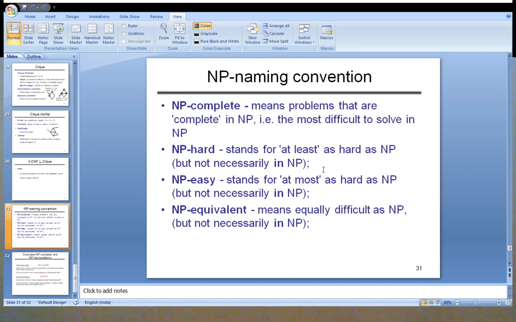NP-easy stands for at most as hard as NP. These are two phrases you should keep in mind: at least and at most. And NP-equivalent means equally difficult as NP.